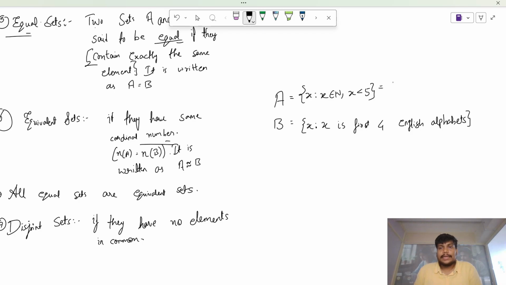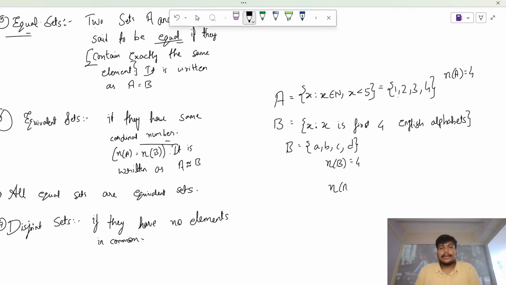What would set A look like? {1, 2, 3, 4}. What would set B look like? {A, B, C, D}. Now how many elements are there? 1, 2, 3, 4. So the cardinal number of set A is 4. What about set B? There are 4 elements in set B as well, so the cardinal number of set B is also 4.